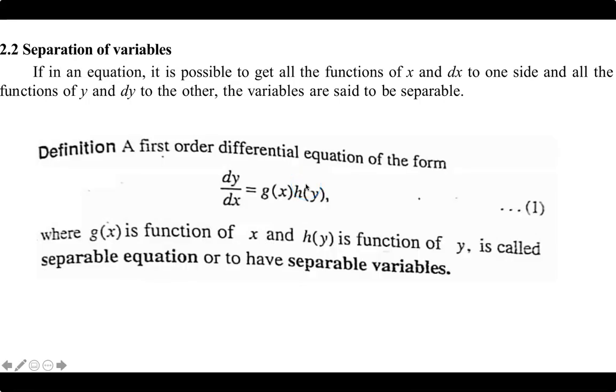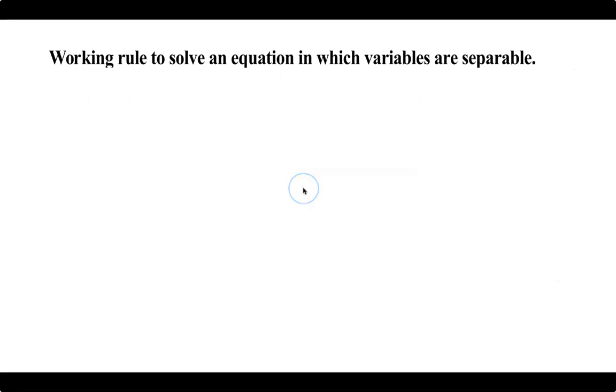So we can say that a first order differential equation of the form dy by dx equal to g of x into h of y, where g of x is a function of x alone and h of y is a function of y alone, is called a separable equation, or we say that this equation has separable variables. In that case, the following is the working rule to solve a separable equation.